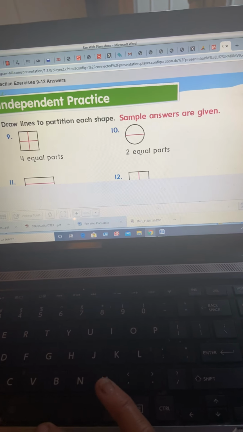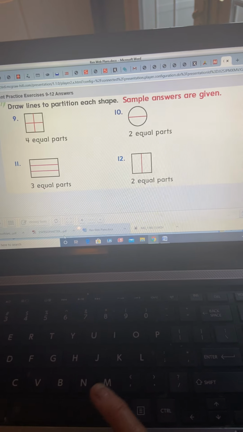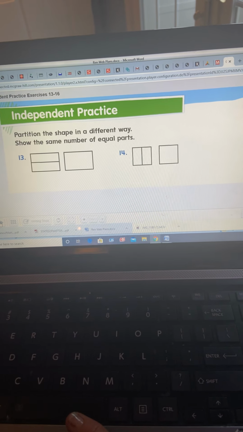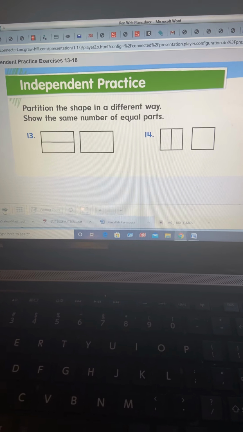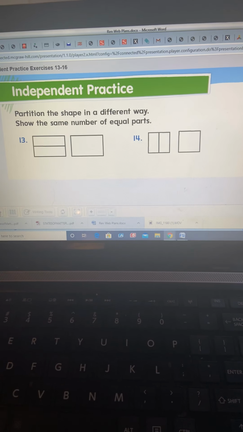And these are some ways you can do it. It's not the only way. Here they show you one way to partition the shapes, but you can always do it another way, across or up and down.